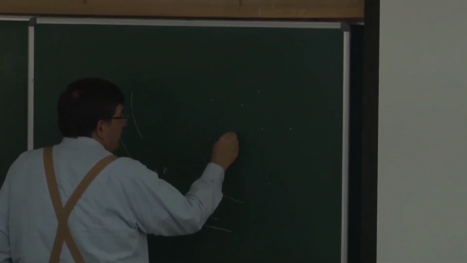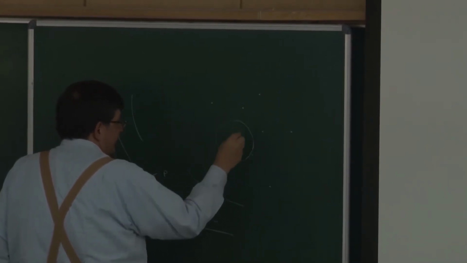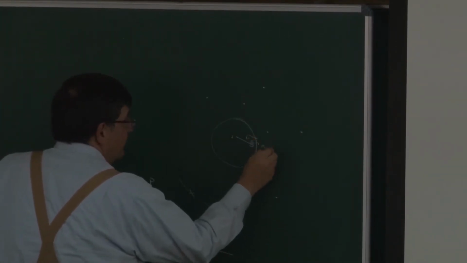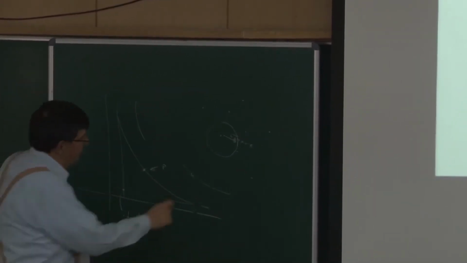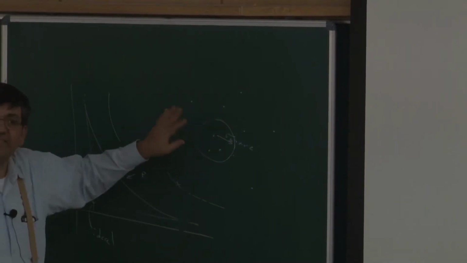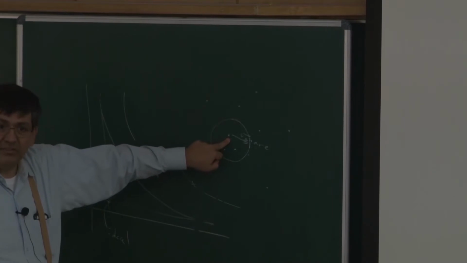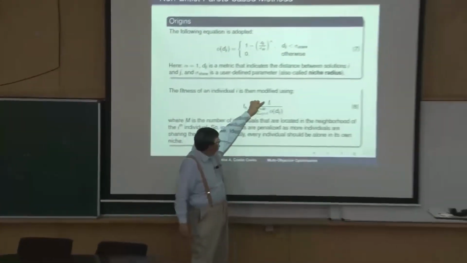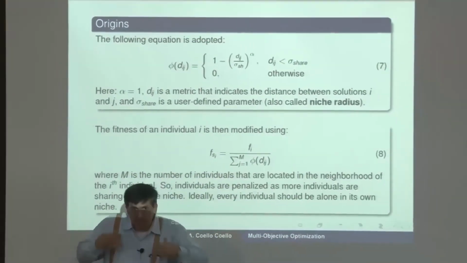So I take one, I take this, I draw a circle. My circles are very bad, but you're better doing this. And the radius of the circle is sigma share. So any solution, I'm going to put some solutions here. Any solutions inside the circle, this is bad, because I want the solution in the center of the circle to be alone. So what he does is he divides fitness by the number of solutions inside the circle, including myself.